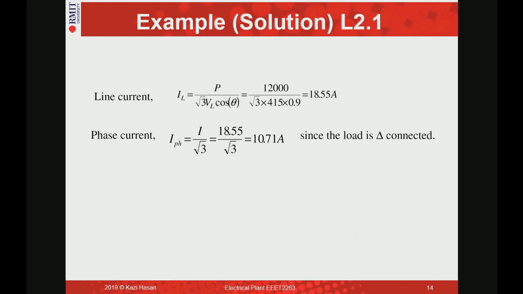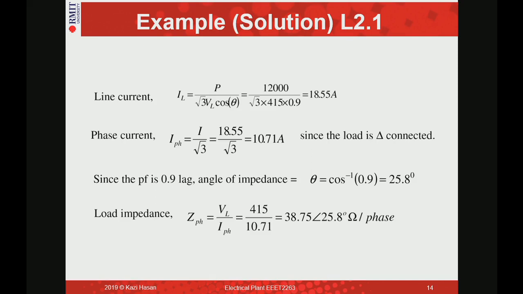Because it is delta, V doesn't make that much difference. V is the same, whether it is V phase or VL. So the voltage will be 415, but we will use I phase to calculate the impedance, because the question asks to determine the phase impedance. So we calculate the impedance for each phase, and that is phase voltage divided by phase current.